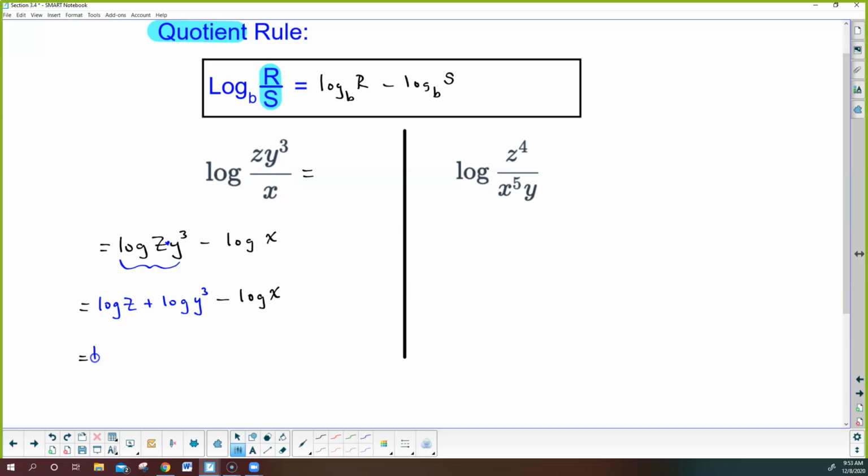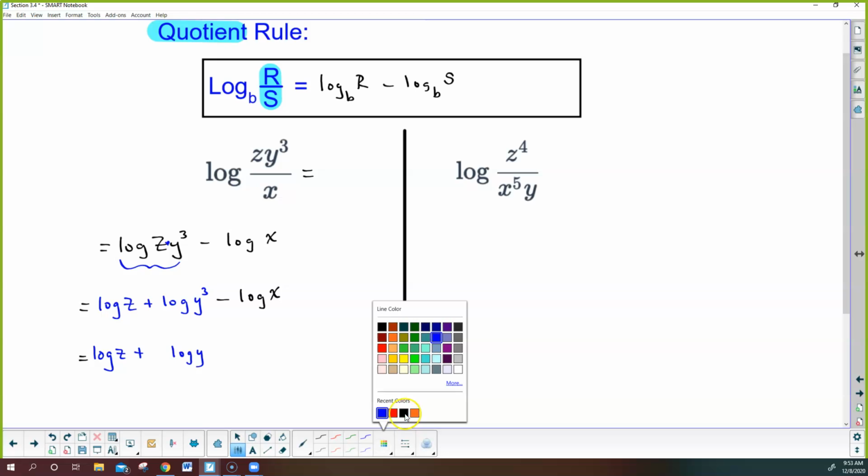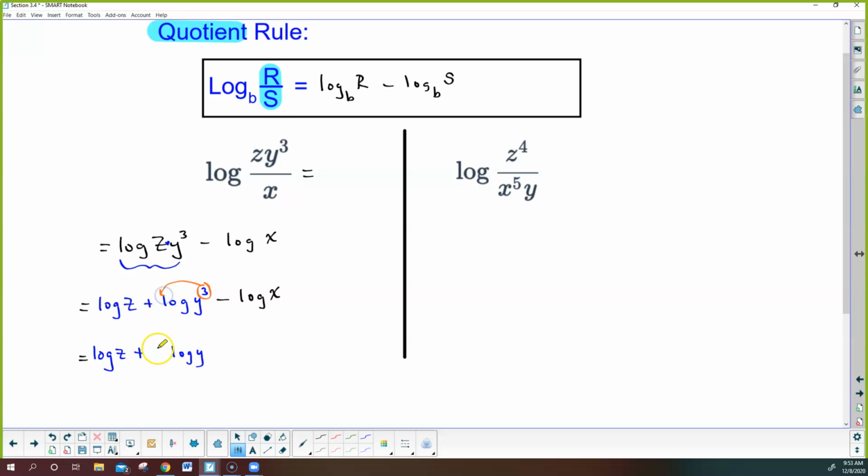So now I've got the log of z plus the log of y, but that 3 is in the exponent, and it's going to come down in front as a multiplier. Now notice, the 3 didn't come down in front of the z. That's important to note.